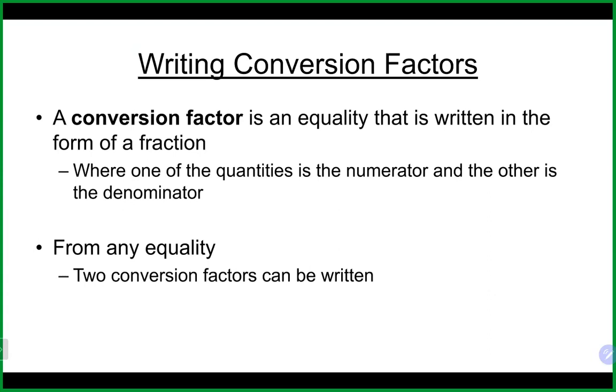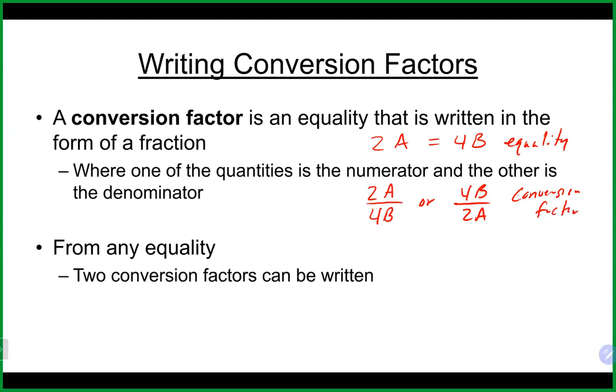Dimensional analysis is an approach to calculations where you have some type of conversion factor that comes from an equality, like 2A equals 4B. We'll say those things are equal to each other. We could write 2 conversion factors: 2A over 4B, or 4B over 2A. That's our equality, and these are our conversion factors.